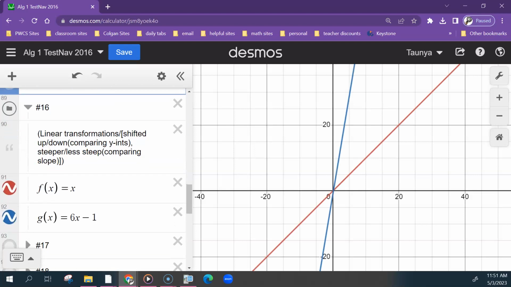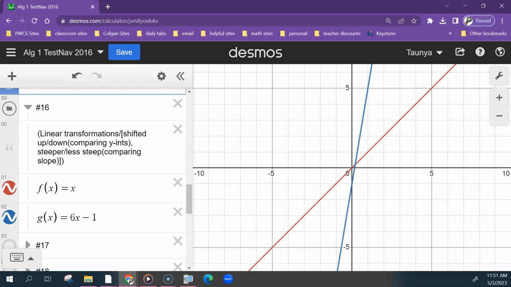You don't really need Desmos 4, but you're welcome to use it if it helps you. If you know the vocab for it, shifted is anything dealing with the y-intercept. So if you're comparing the two y-intercepts, it was at 0, now it's at negative 1, so that would be shifted down.